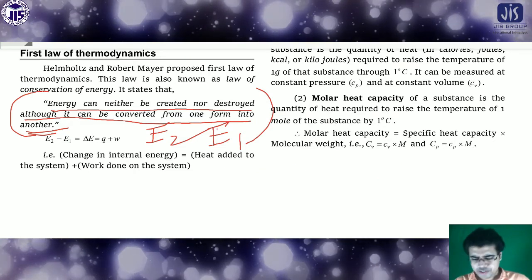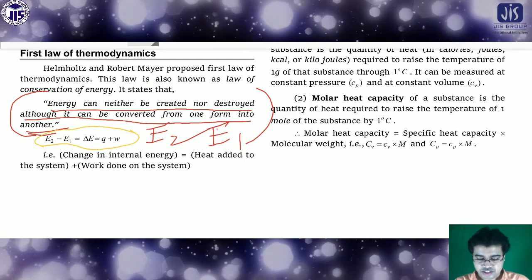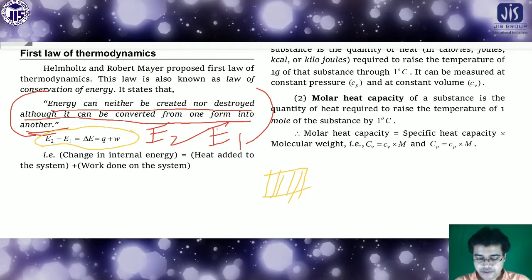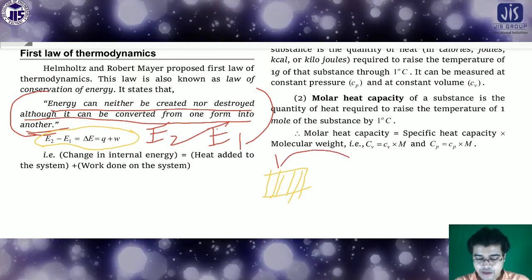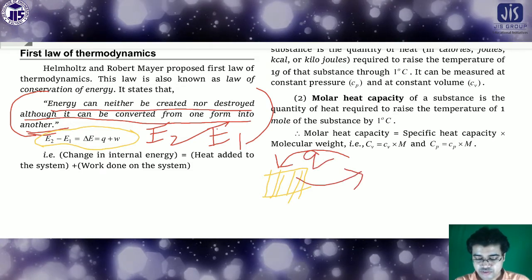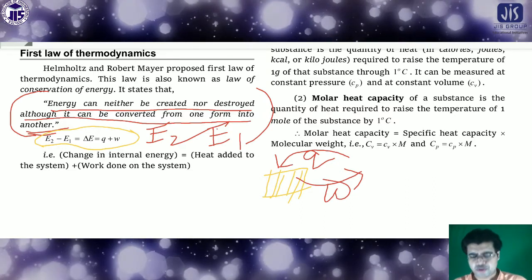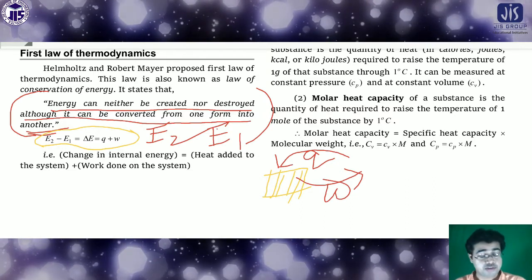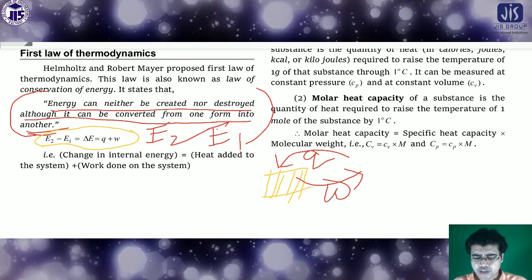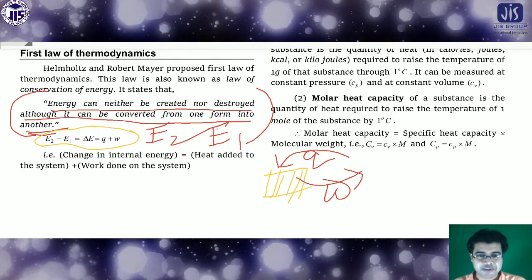Then I can show you how you can get this mathematical formula. Suppose this is any system. You are applying Q amount of heat and getting W work. For this process, some internal energy will be changed, isn't it?